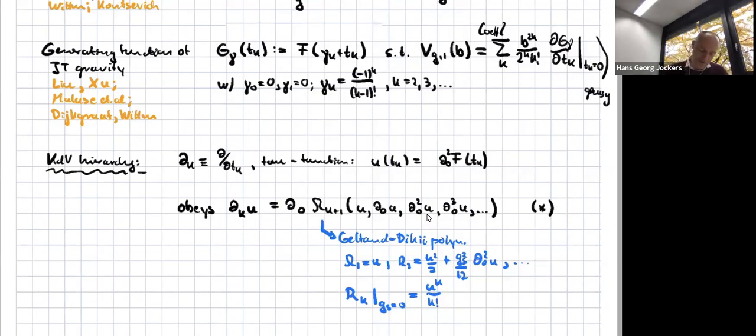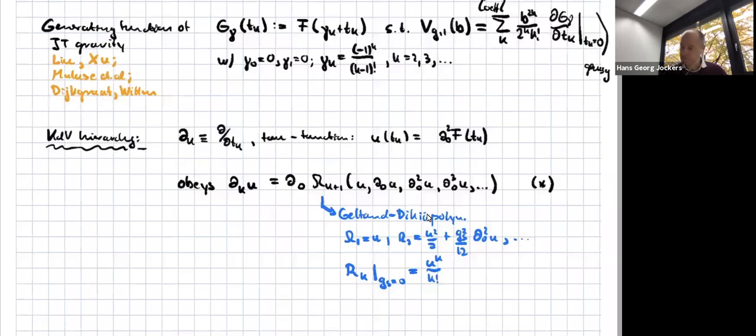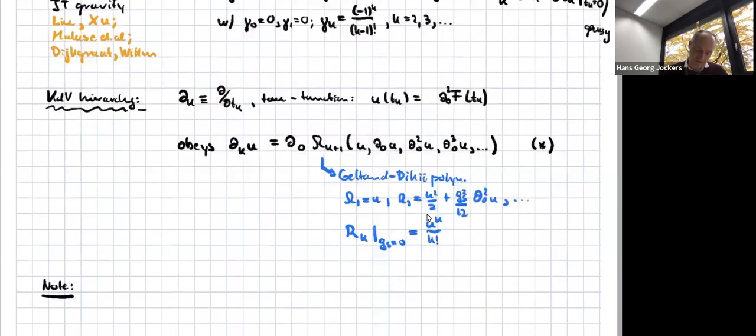Now what I would like to point out here are two things. The first thing is that in these partial differential equations, equation star depends only implicitly on the TKs, namely only in terms of their derivatives.